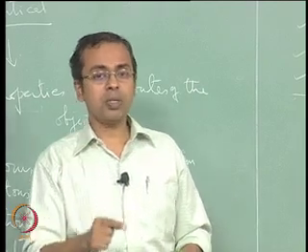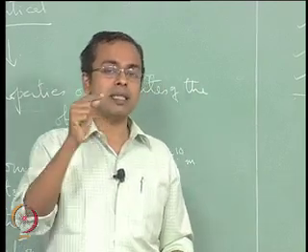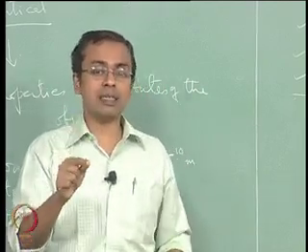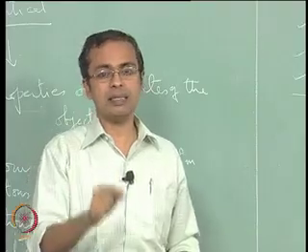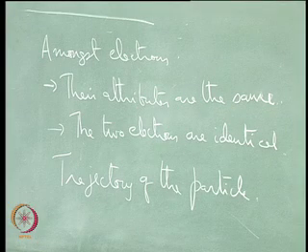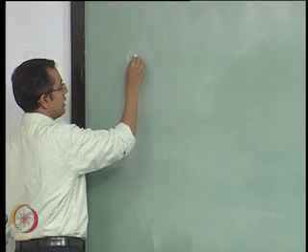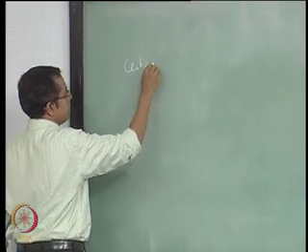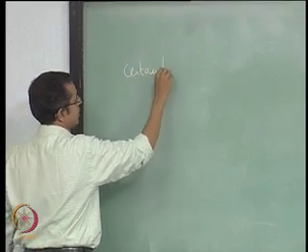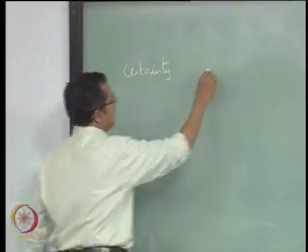It is very important to understand that saying something is highly probable is very different from saying that it is certain. That is the difference. So we have the concept of certainty and probability.